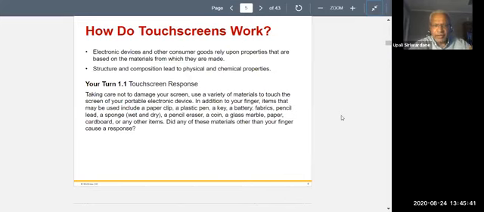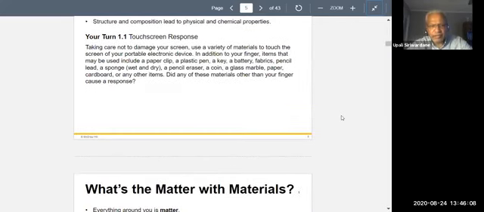That particular stylus pen has a tip made out of some material which shows the same response as the touch screen touched by your finger. So you can test different objects, different things, whether they make a response on your touch screen.